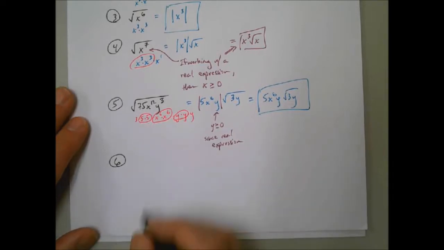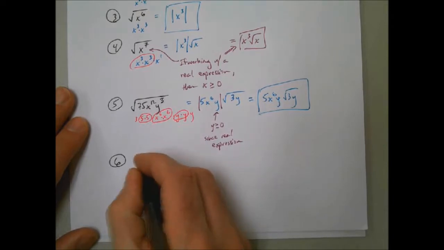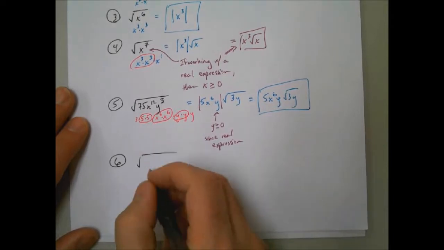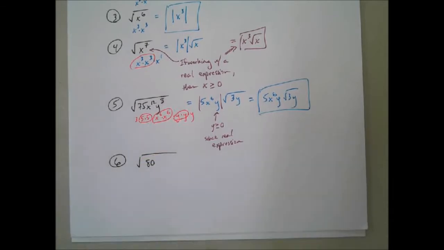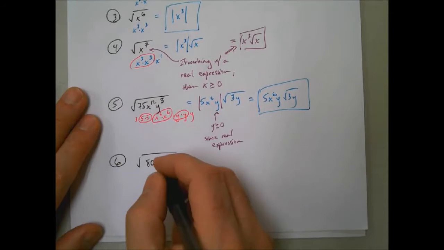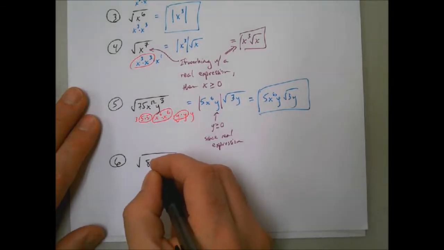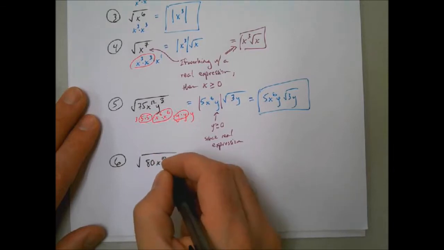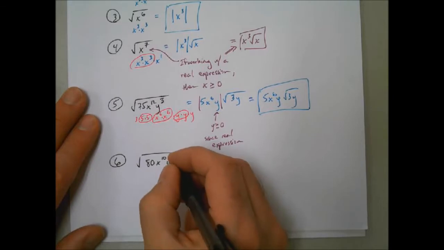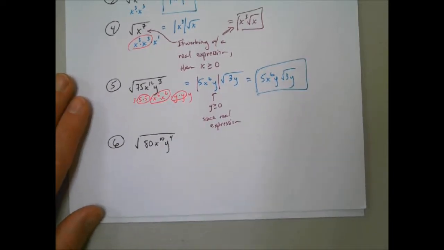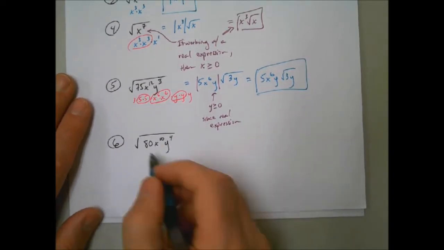Let's say we had the square root of 80 x to the 10th y to the 4th.